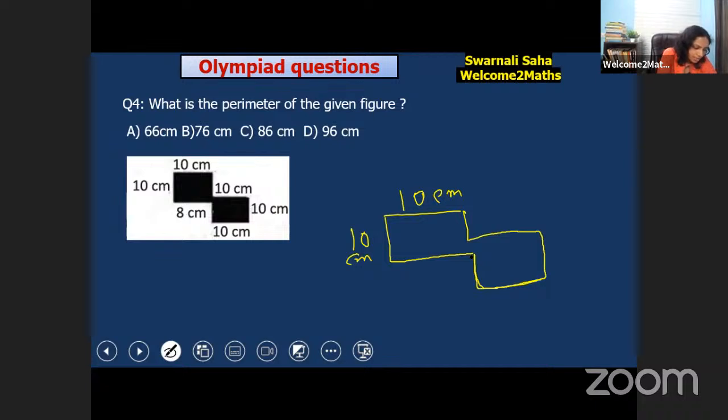In this figure, I write all the sides outside, and in this figure, I will write them inside so that you can easily understand. So it's 10, 10 and it is 10. Fine. Now it is 8. It is also 10, 10.